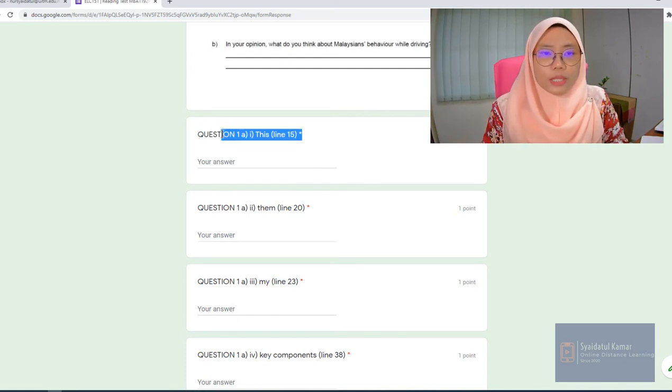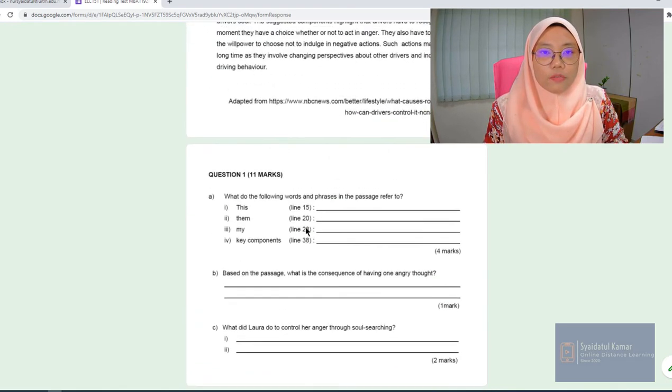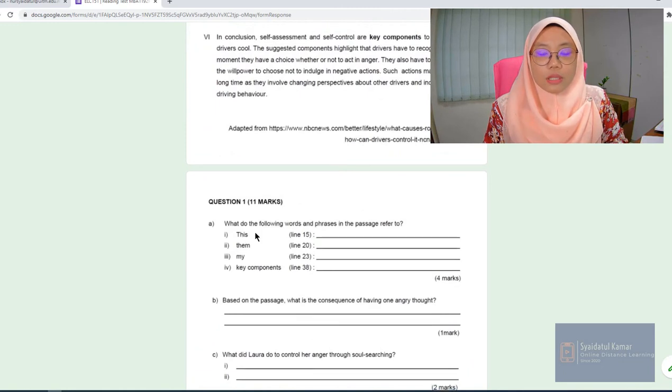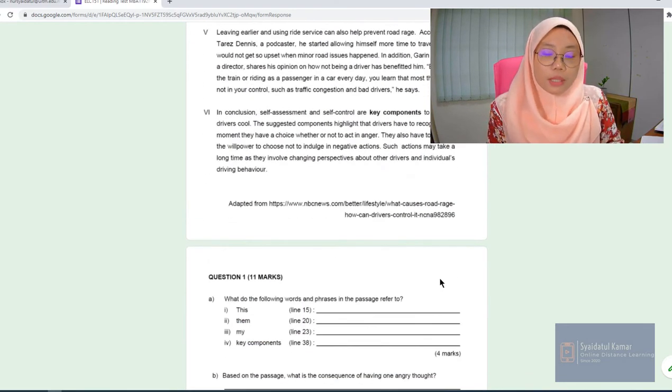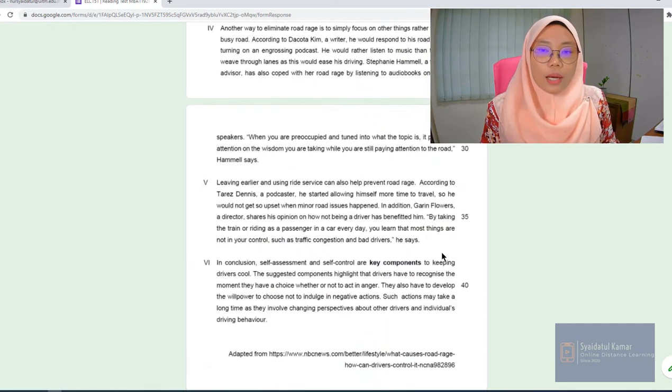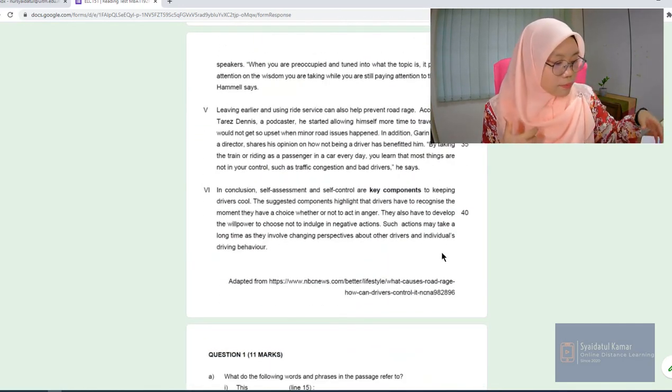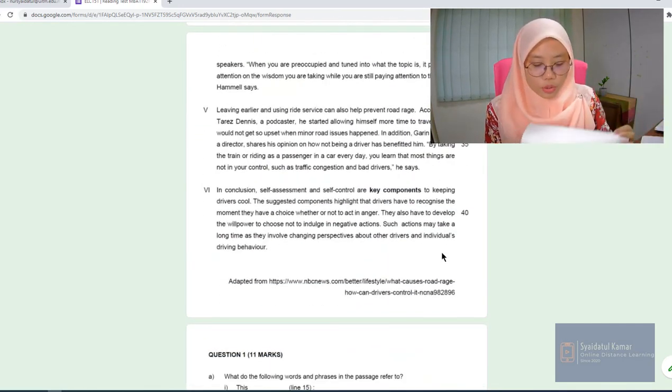So for example, this question, question 1A1, refers to this question. So this is how you are going to answer. It is advisable for you to have a piece of paper next to you.